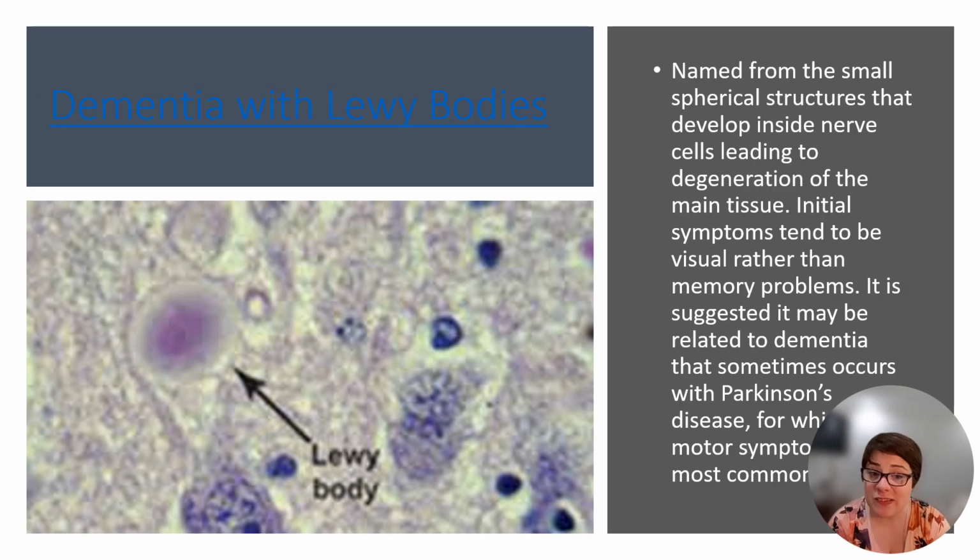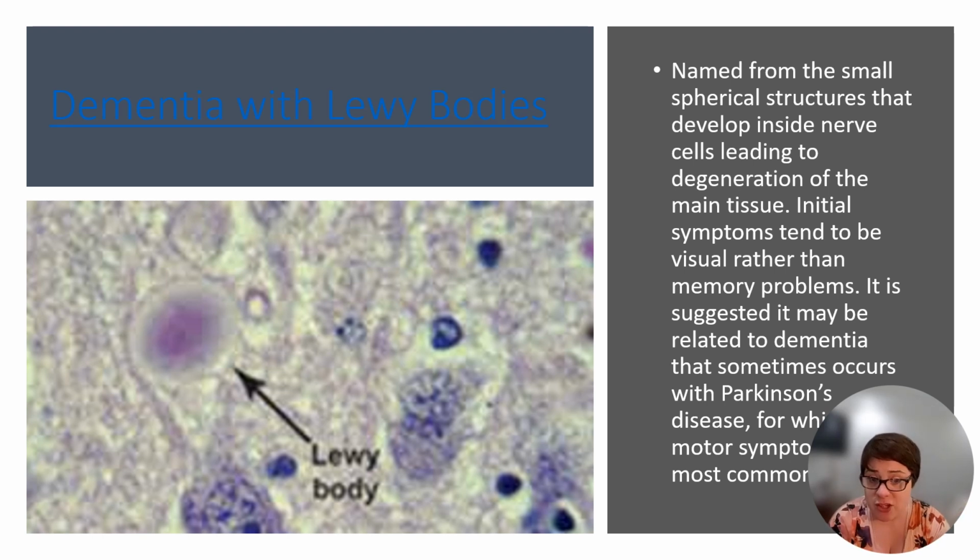Dementia with Lewy bodies is a condition associated with Parkinson's disease. So it's comprised of not only motor deficits, but also memory deficits and deficits in vision as well. It's named for the small spherical structures called Lewy bodies that develop inside nerve cells, leading to the degeneration of neural tissue.